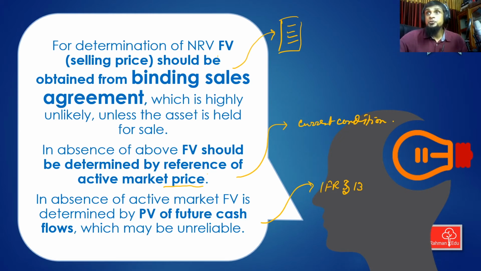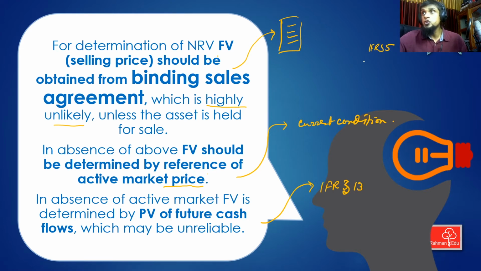Now come back to this. We are saying which is highly unlikely. Why is it highly unlikely? It is highly unlikely because if you have a binding sales agreement, then you need to first judge whether this asset falls under IFRS 5.